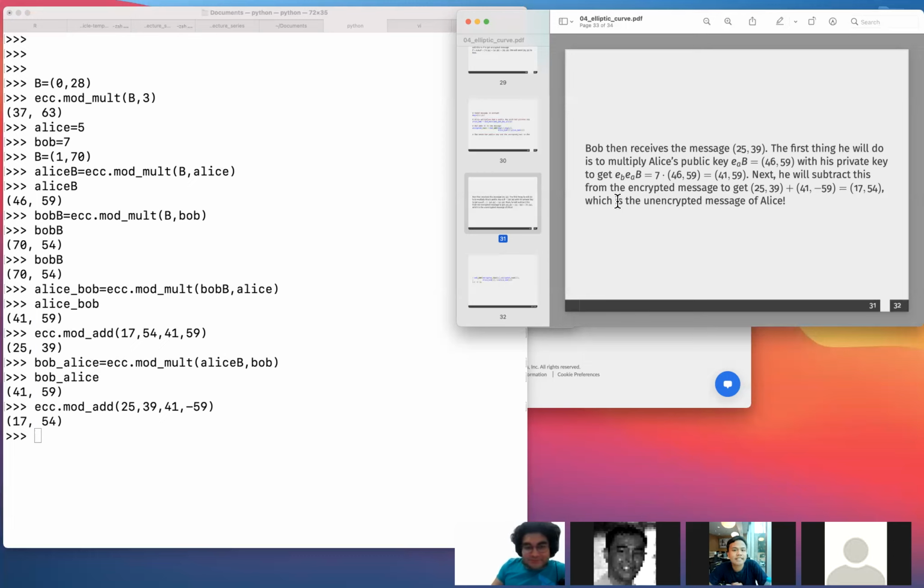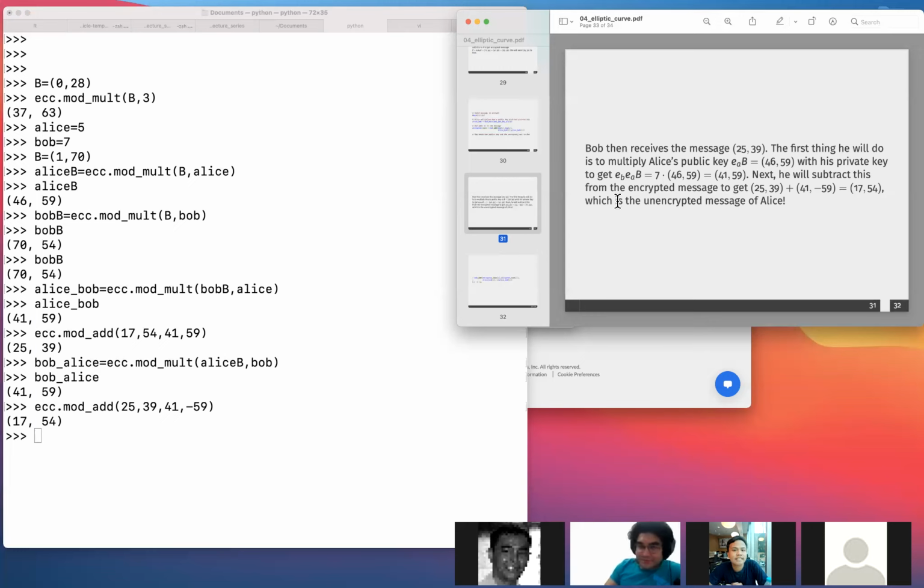When you want to digitally sign, for example, a digital document, you can use elliptic curve for that. Elliptic curve is also being used in the blockchain, or the Bitcoin.